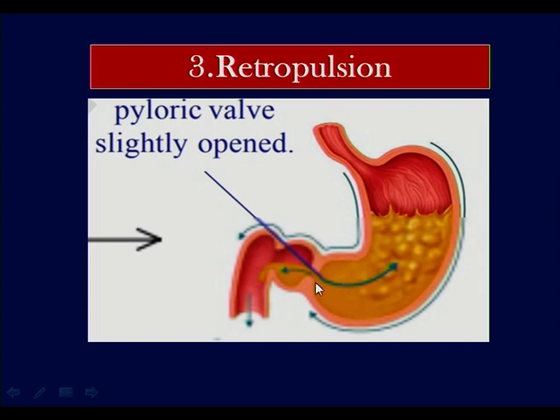This relaxation of the pyloric valve allows the chyme in minute quantities into the first part of the small intestine, which is called the duodenum. Only small amounts of chyme are allowed to enter the duodenum from the stomach. Immediately the pyloric valve closes and all these contents are reversed back into the stomach.